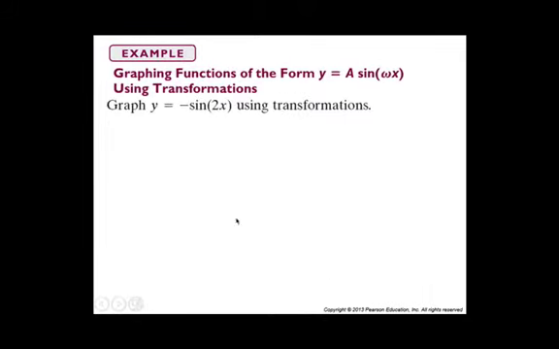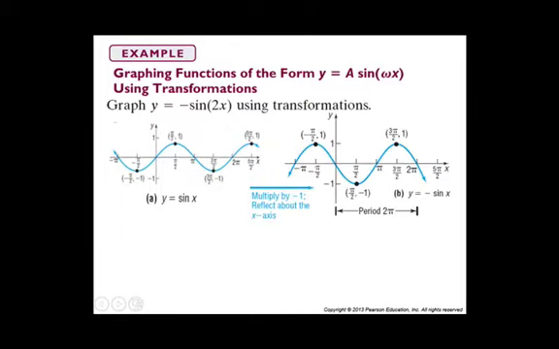Well, in this case, where we start off with a negative, we start at the origin like we did before at 0, 0, but instead of increasing, we automatically start decreasing. As you see here, sine of x. And now we're in the decreasing mode over this interval of 2 pi.